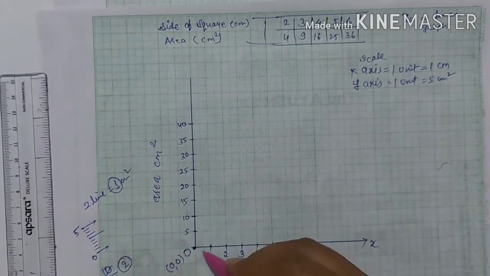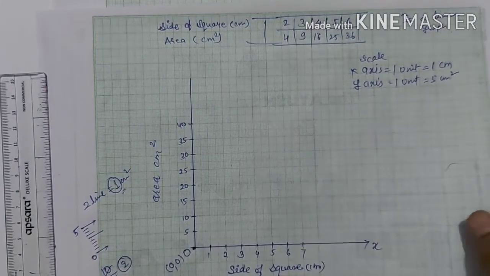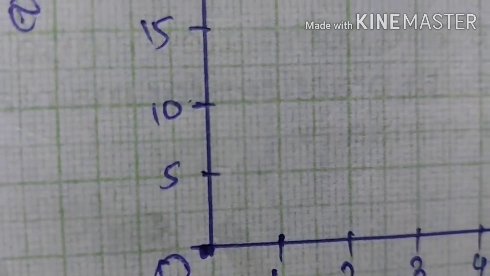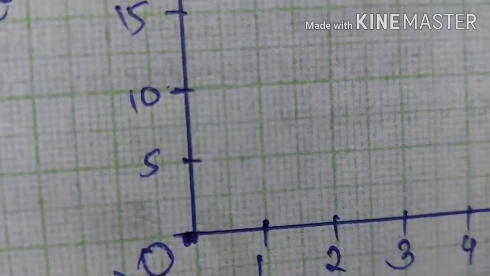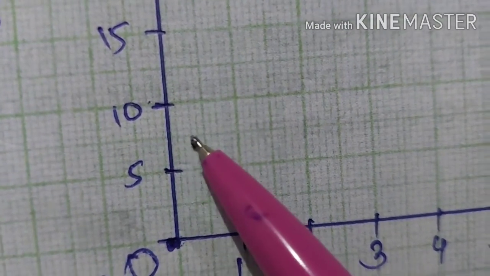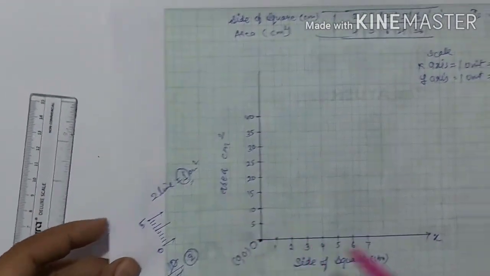The distance of 2 small lines is 1 centimeter square. You see these are the small lines. In one square there are 10 lines, and small 2 lines is the value of 1 centimeter square.